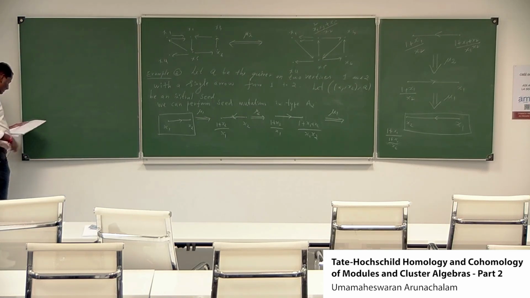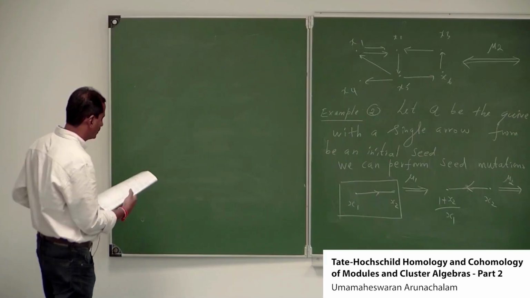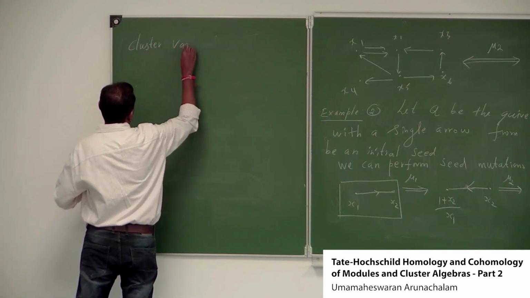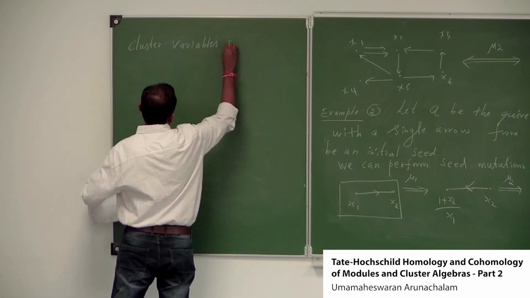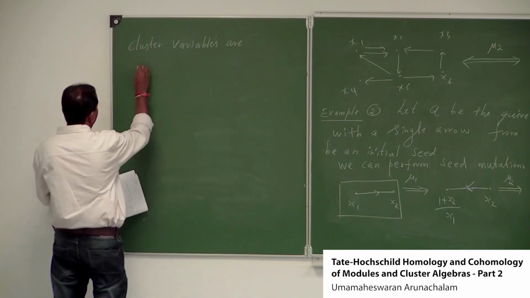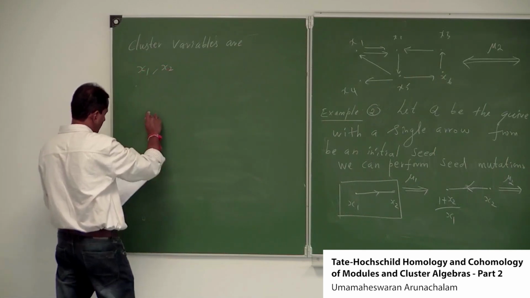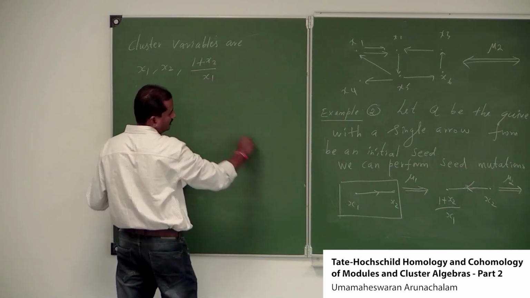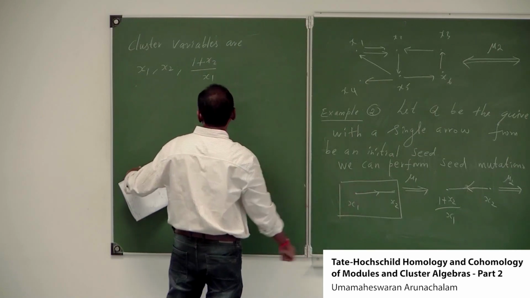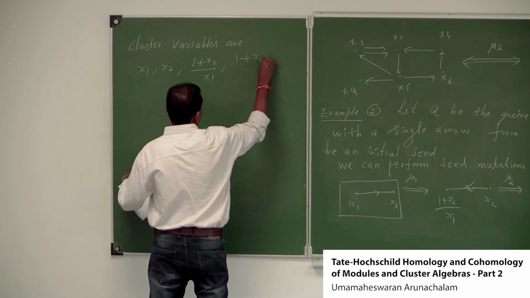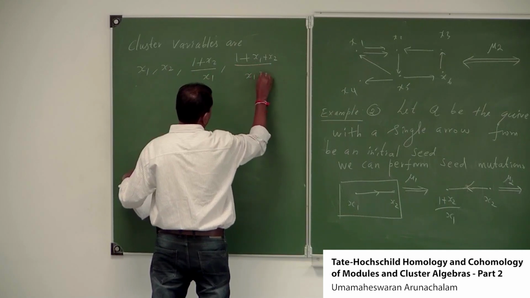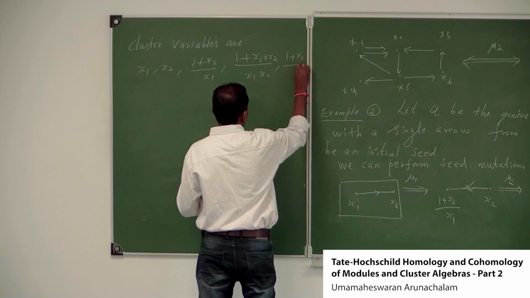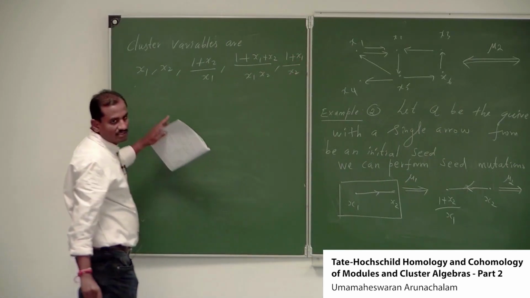Our cluster variables are x1, x2, the initial seed, initial variables, and a new one, (1 plus x2) divided by x1, from these things, (1 plus x2) divided by x1, (1 plus x1 plus x2) divided by x1 x2, and one more variable, (1 plus x1) divided by x2. These are your cluster variables.